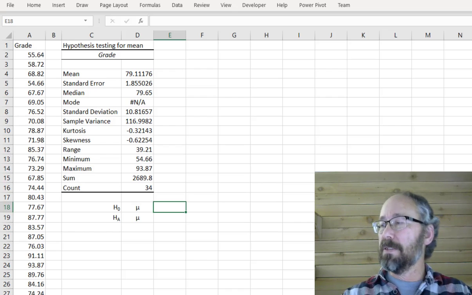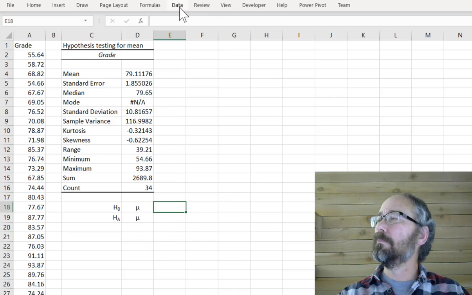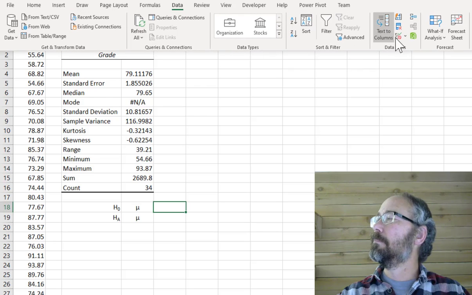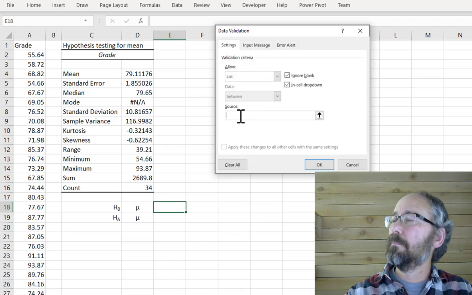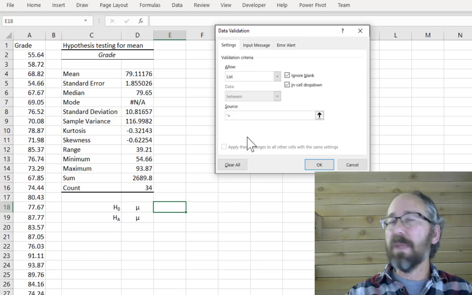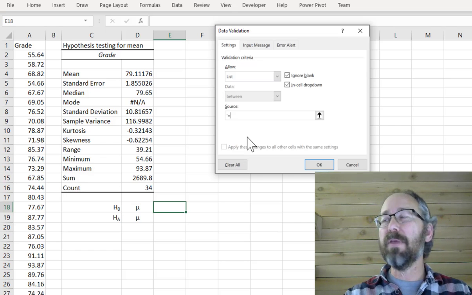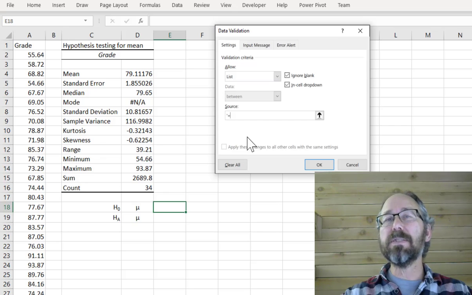So we need a drop-down list. Now notice that I am putting a single quotation mark before the equal sign. Again, as I pointed out previously, Excel interprets an equal sign as meaning there's a function coming after it. And so even in a list like this, it will create an error if we just put an equal sign.